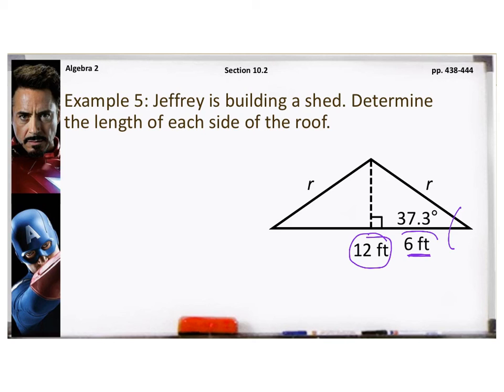Well, I have my side adjacent. I need my hypotenuse. That's CAH, cosine.